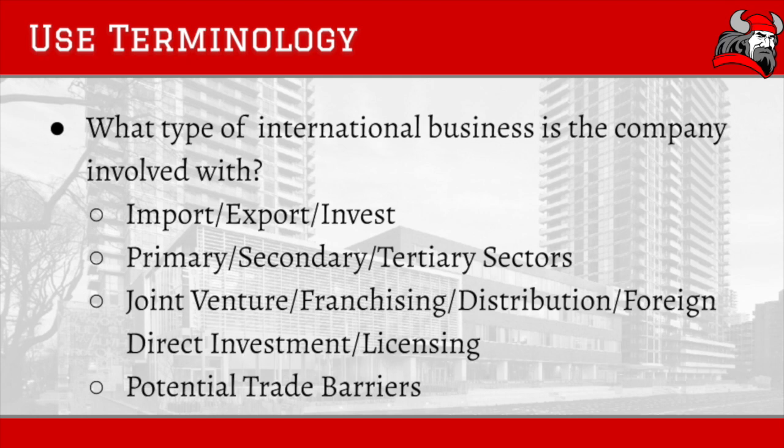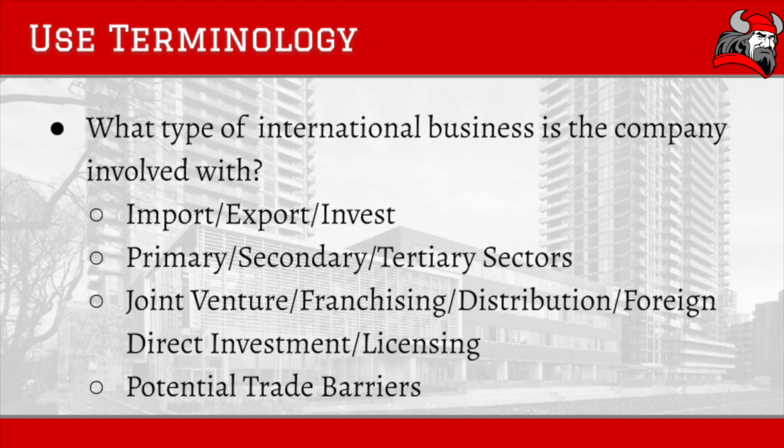And try to identify, are there any potential trade barriers? For example, a lumber company in Canada would have to deal with often being in a trade war with the United States over softwood lumber, and how that could add an element of unpredictability to things.